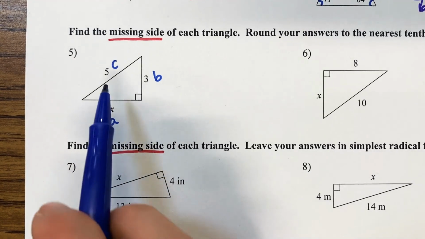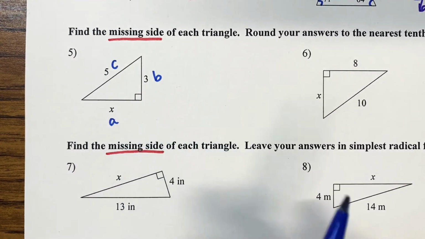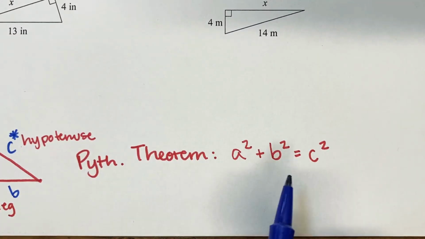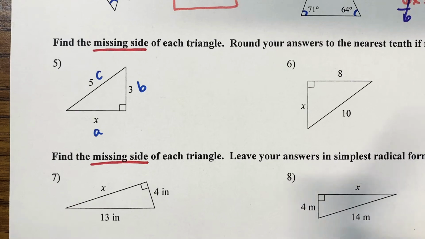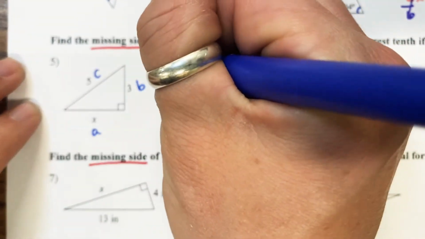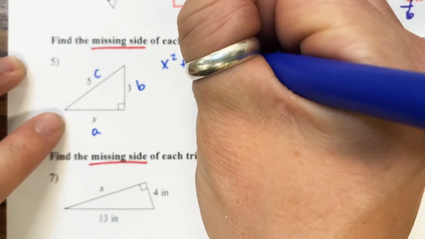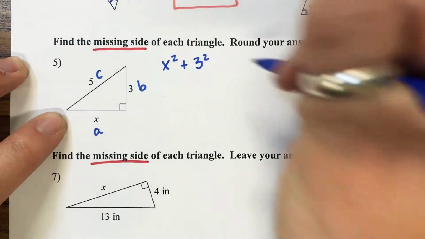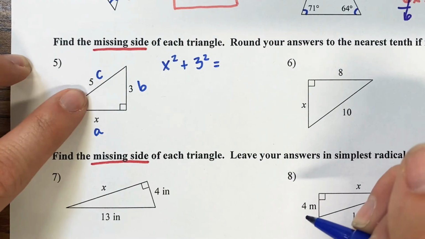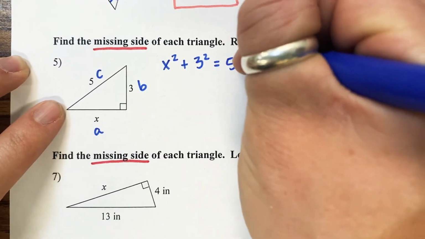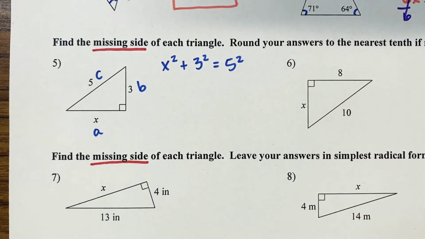Now that I know what my a, b, and c are, I can plug into the Pythagorean theorem. a squared, my a is x, so x squared, plus b squared, my b is 3, so 3 squared, equals c squared, my c is 5, so 5 squared.